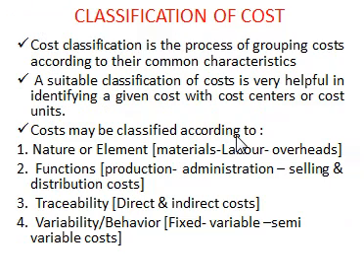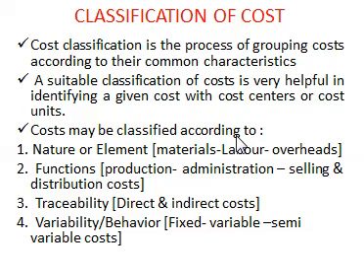So let's look at the classification of cost. Cost classification is about grouping the costs according to their common characteristics. So you look at the characteristic of a cost, and then from that characteristic you can group that particular cost.